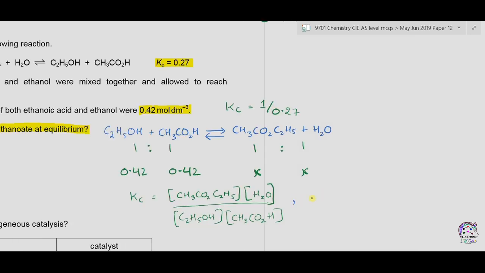Putting in the values, we have 1 over 0.27 for Kc, X for ethyl ethanoate, X for water, 0.42 and 0.42 for these two. So it comes equal to X squared divided by 0.1764.